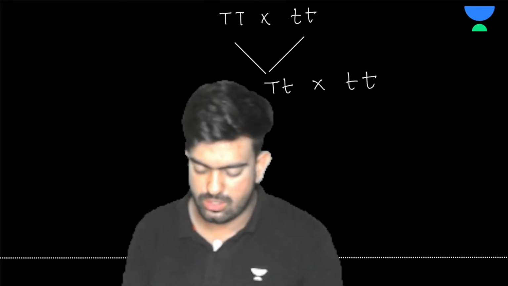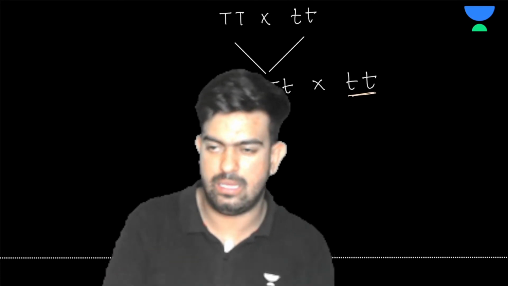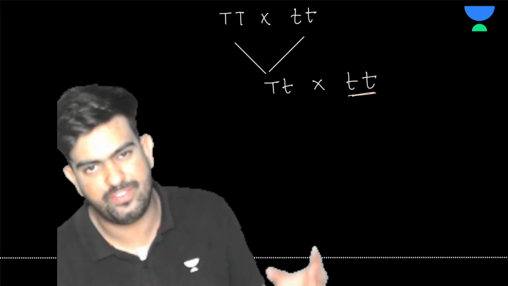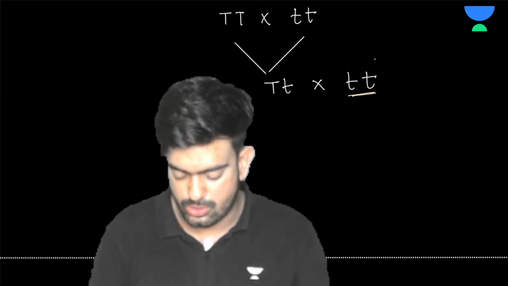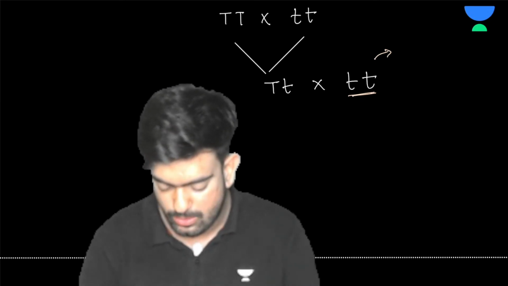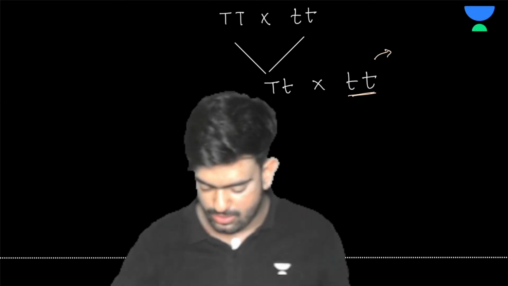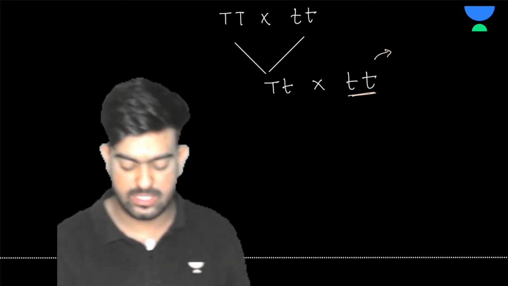If we are using the recessive one, then it will be test cross. If we are using the dominant one, it will be out cross. So here we are using the recessive one, so it will be known as test cross.